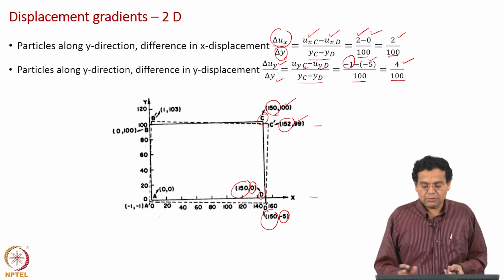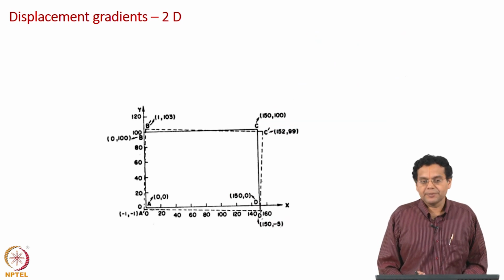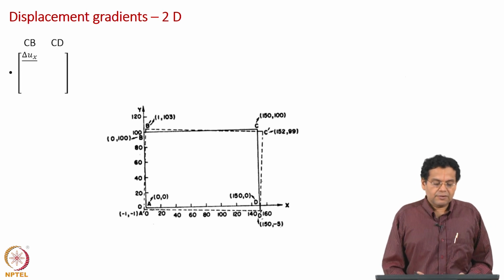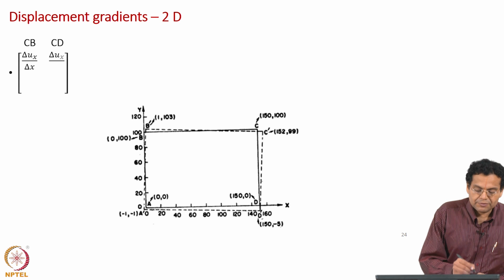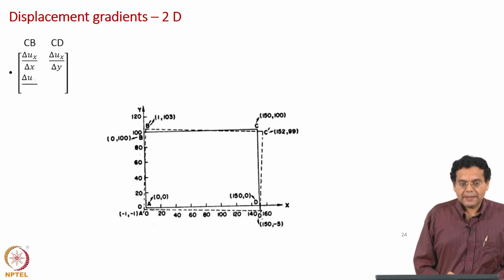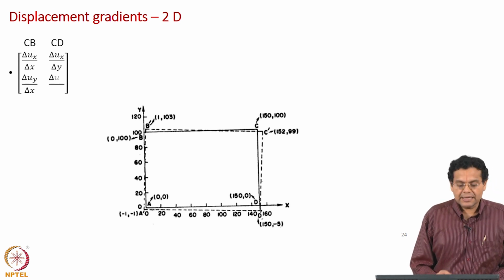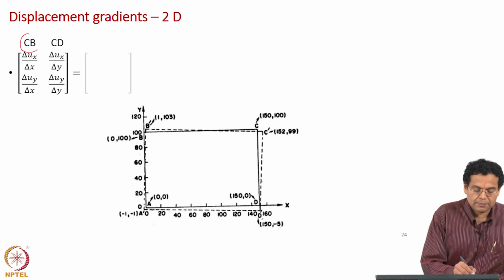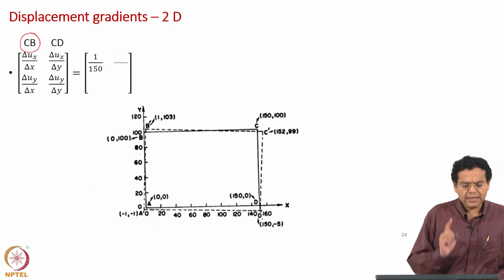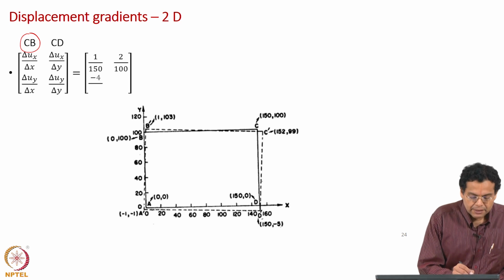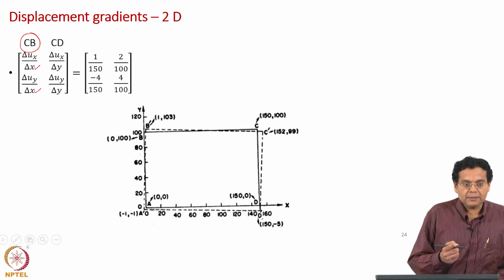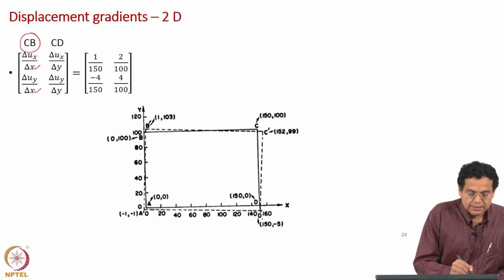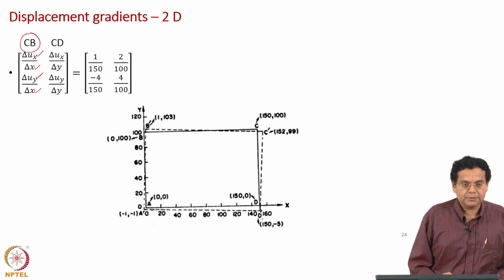So, we got now 4 values of displacement gradient. Let us arrange them. Okay. How do we arrange them? The way in which I have arranged is, first we consider particles along the x axis which were C and B, that is denoted by CB here. We calculated two gradients for them, the denominator is delta x here, delta x here, numerator depends on which displacement we are considering, x displacement, y displacement.